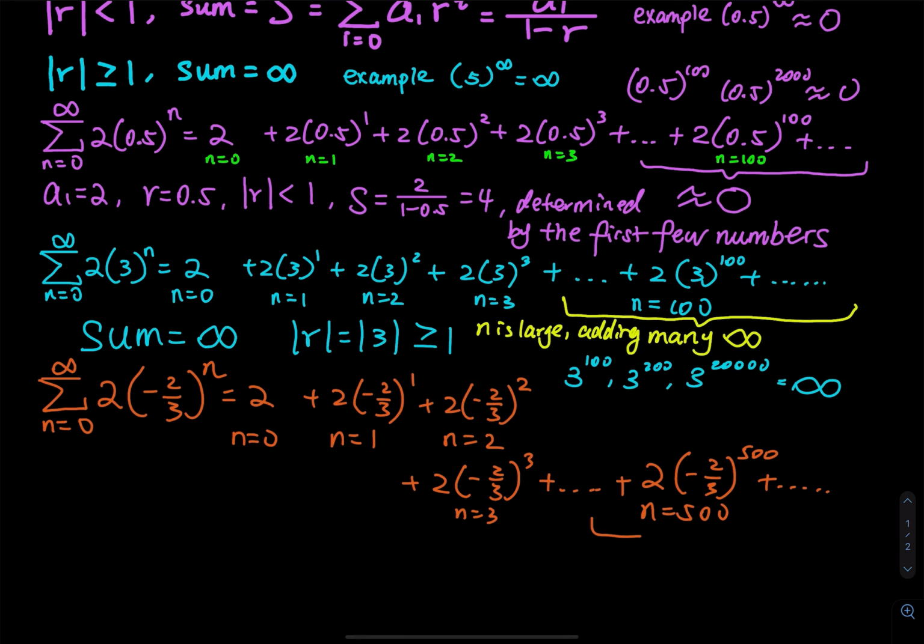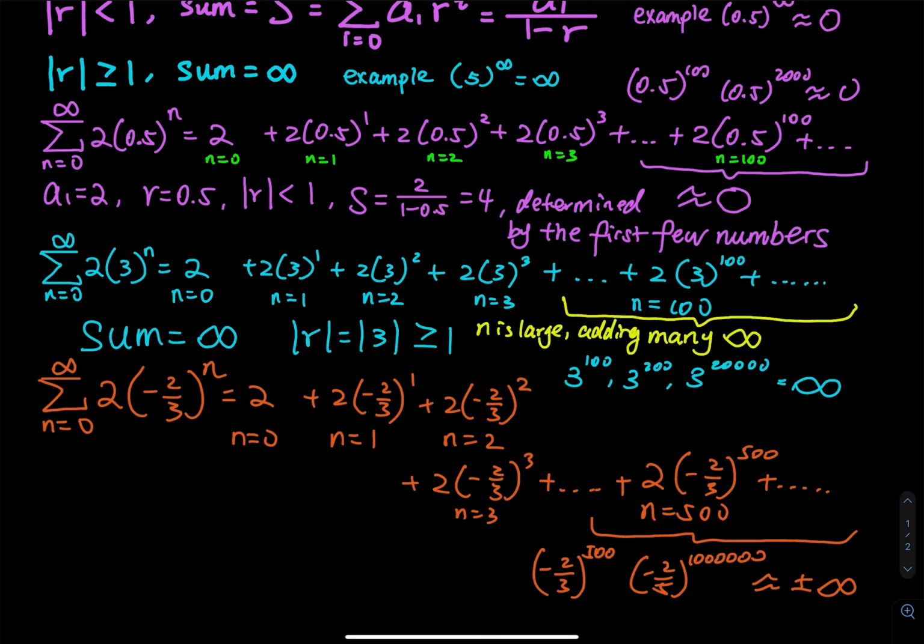Now, do we agree that as n becomes very, very large, negative 2 over 3 to the 500th power, or to a very large power, is nearly either plus or minus infinity? Even though you don't think about the plus or minus, just think about something that is extremely large.